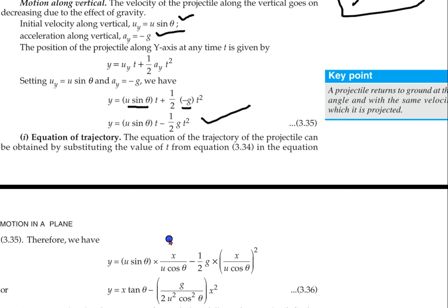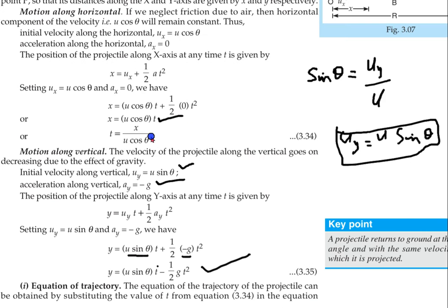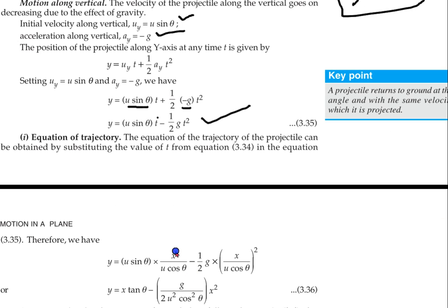From the equation of motion we have t, and we put the value of t, t equals x by u cos theta, into this equation, and also into the t squared term. Here sine by cos theta is tan theta, and u and u can cancel out.